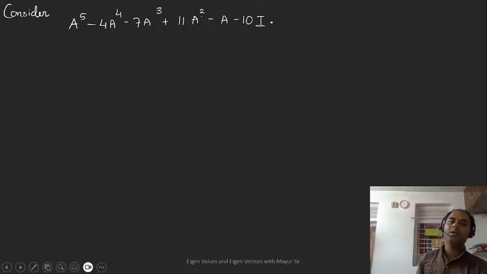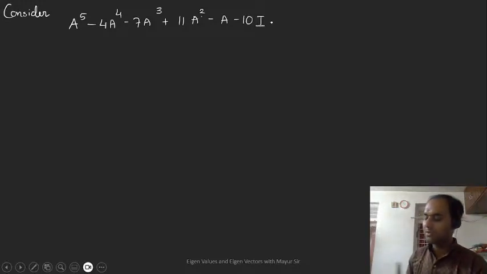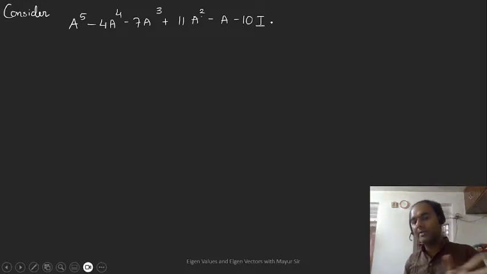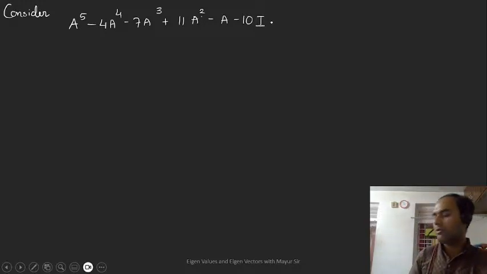Now they are asking us to find the value in terms of A as a linear polynomial, or sometimes they also ask to find the value of this. This is really nasty: A raised to 5 and so on, how much will you keep calculating?